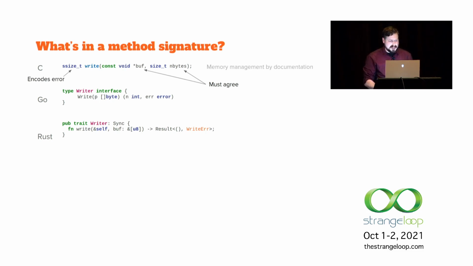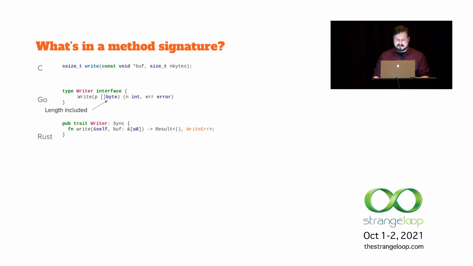Go improves on this a bit. Well, wait, and memory management, of course, is just through documentation because you don't know whether the caller or the callee is supposed to free that buffer. Go improves on this a bit by including the length into the parameter, so those are unified. Having a separate error value, so it's not encoded into the normal return value, that's useful.